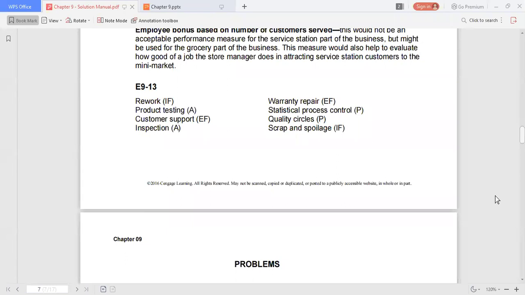Inspection is appraisal. Warranty repair is external failure. Statistical process control is prevention. Quality circles is still prevention, and scrap and spoilage is internal failure. So we have now your identifying quality cost.